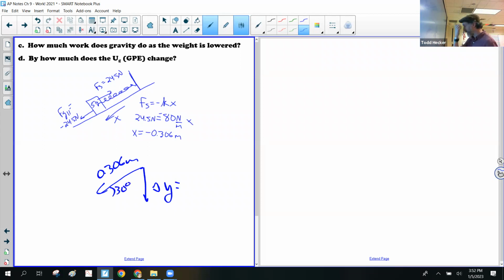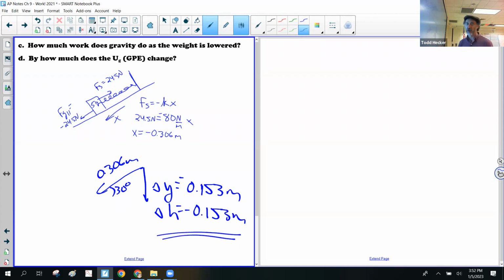So we're going to move down 0.306 times the sine of 30. So you get 0.153 meters. So that's our change in y, which is the same as our change in height. This is going to be important because it's going to determine our change in gravitational potential energy.